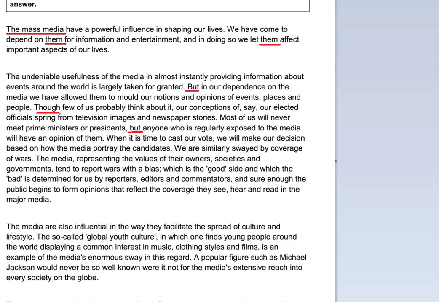But the problem is that there's not enough signposting.